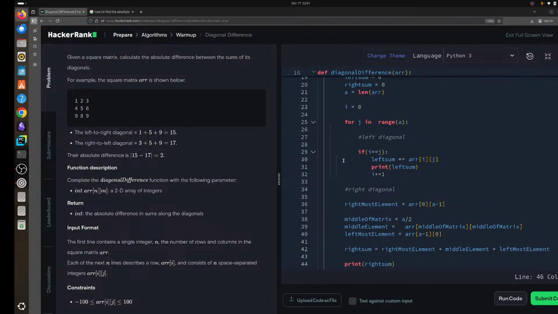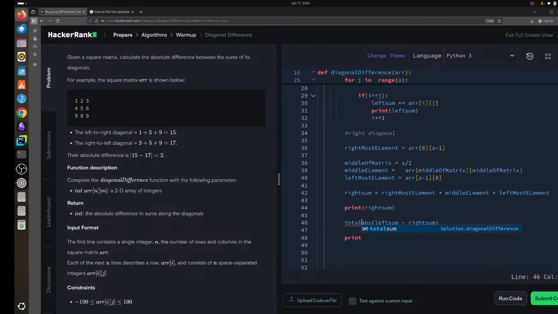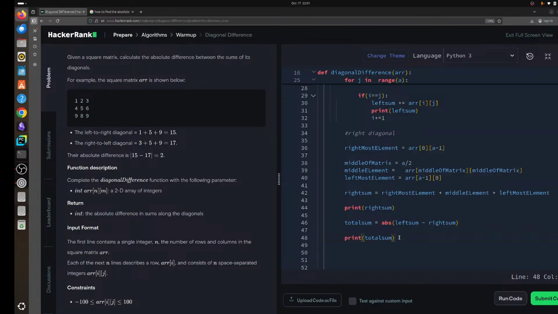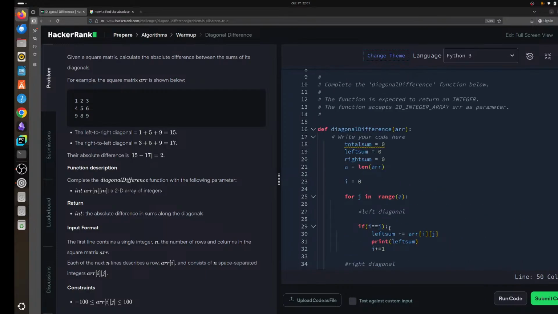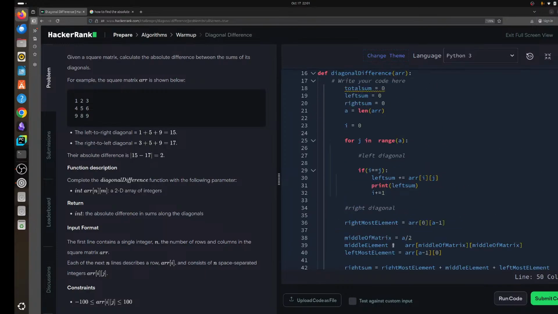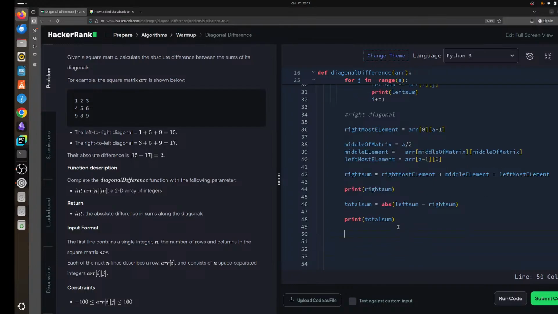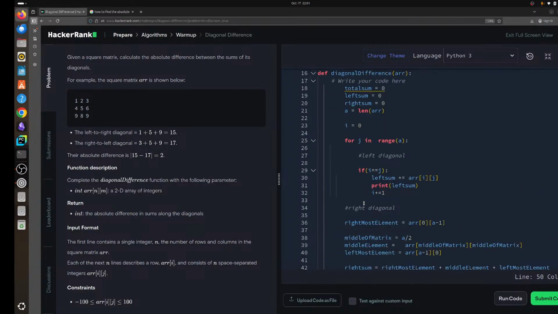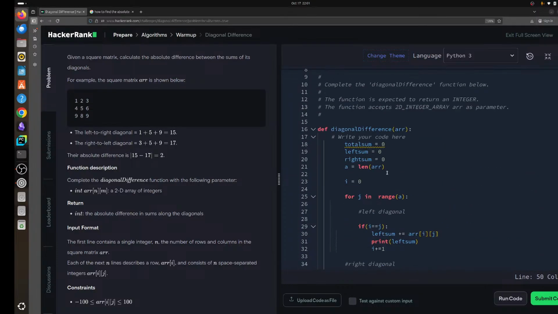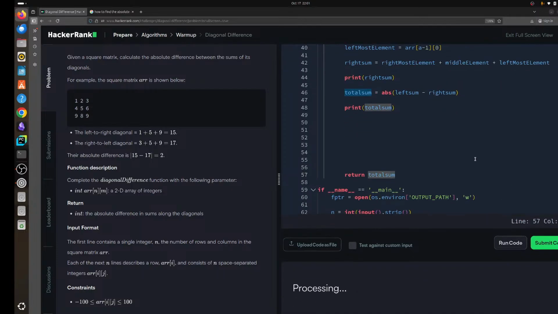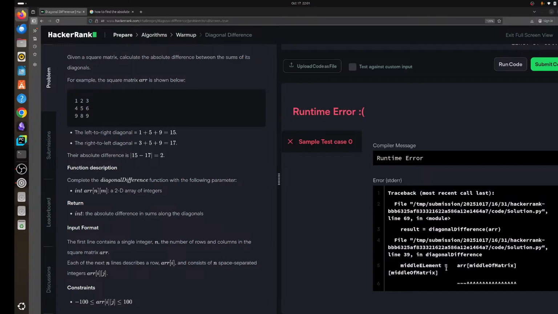Total sum also there, right? Total sum equals total sum, print total sum. Just run the code.